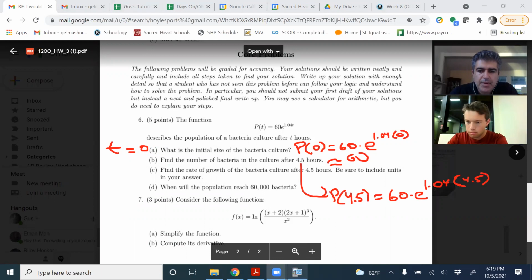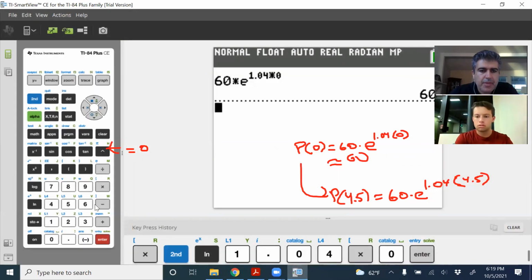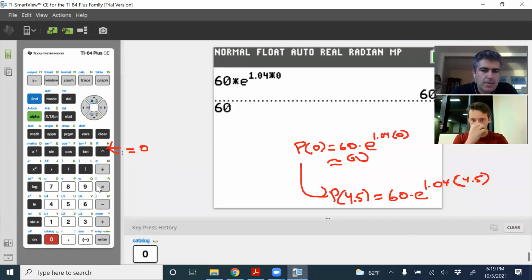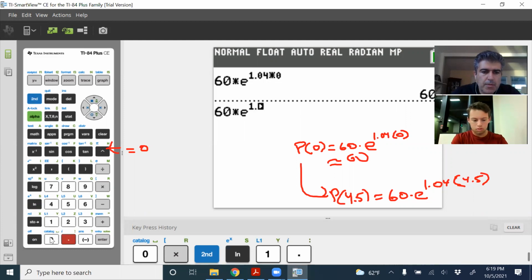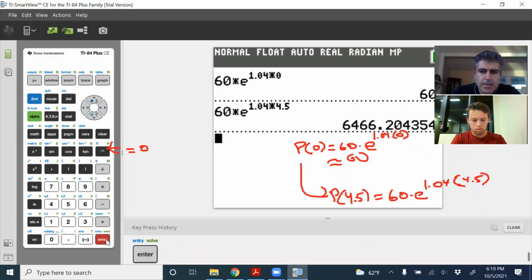And again, we'll go back to the calculator. 60 times E 1.04 times 4.5. So you get that. So much more bacteria. Oh, okay. Got it. 6,400. We'll round to the nearest whole number.